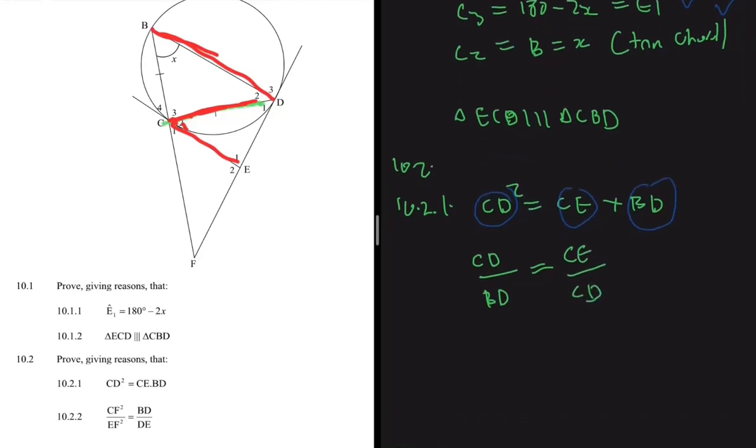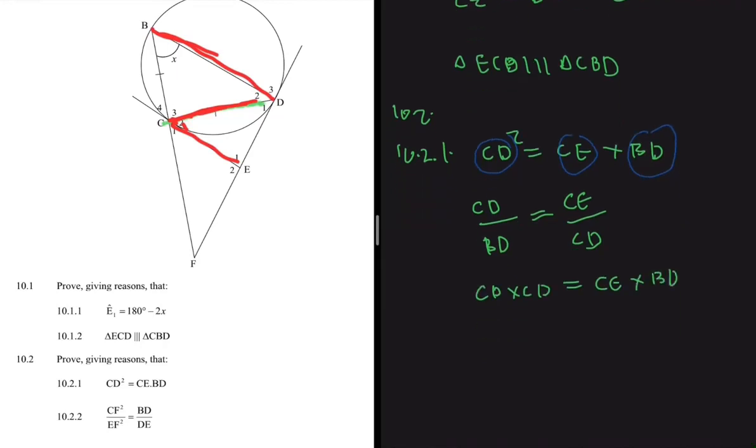And that should be true if the triangles are similar. So now from here, we can cross multiply. We can say that CD multiplied by CD will be equal to CE multiplied by BD, right? And you will see that CD squared is equal to CE multiplied by BD.